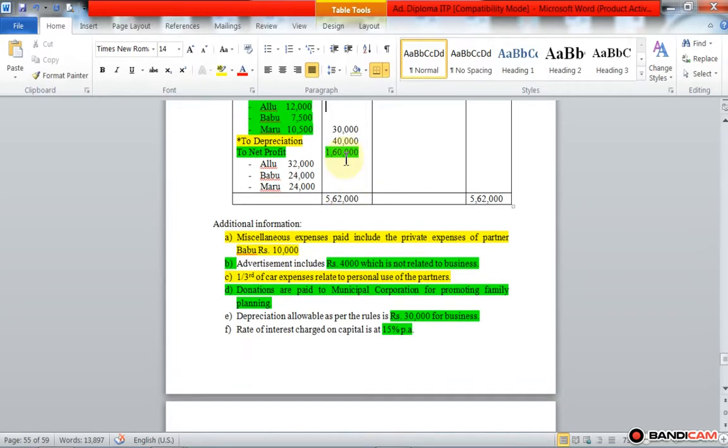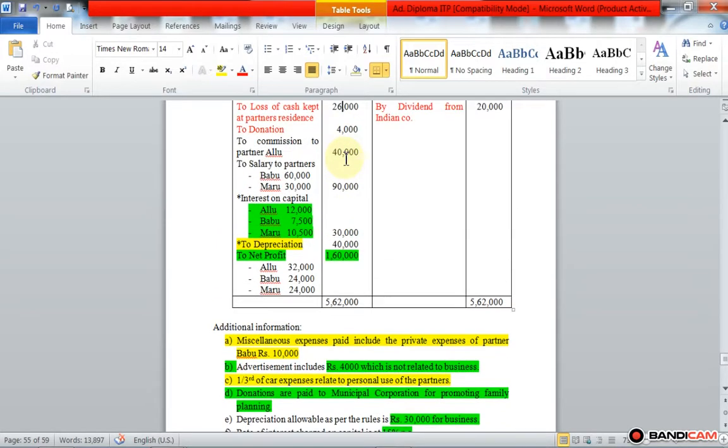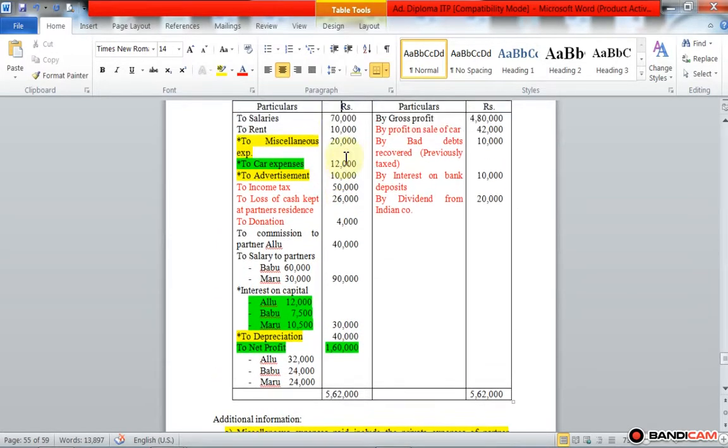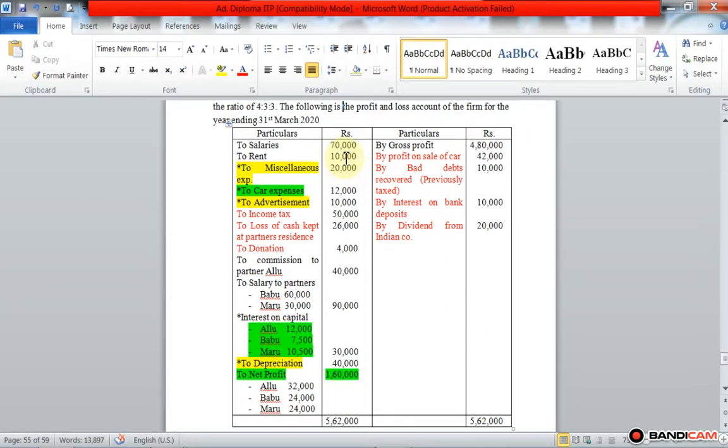So we read all adjustments and we add all additional information to net profit which is not related to the business. Now we read the profit and loss account debit side. We already found the expenses which are not related to business. Just add these expenses in the net profit.